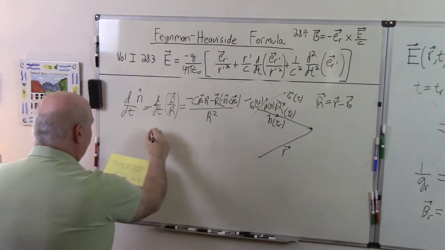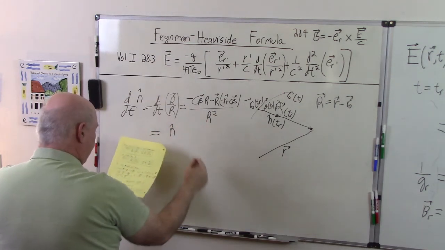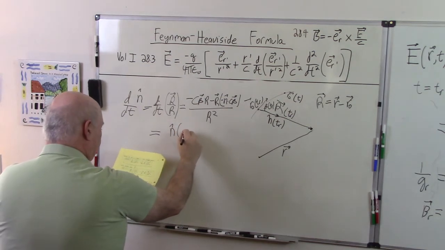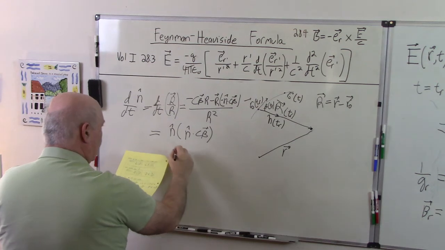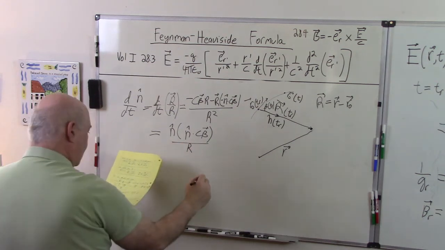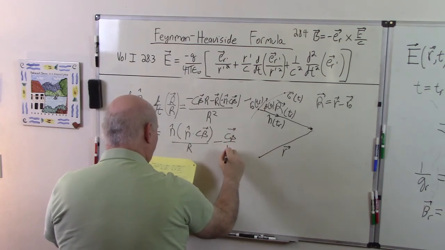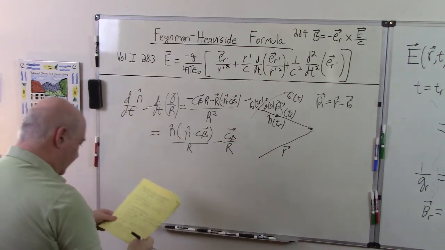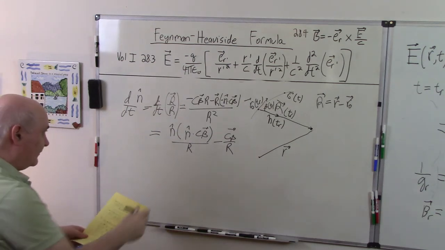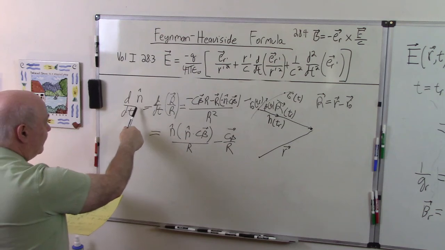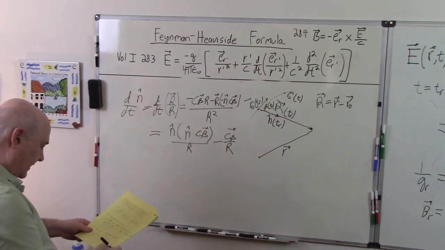Reversing the order of the terms, this ends up being n hat dot c beta divided by R, minus c beta over R. We'll be using this, and it applies at the current time, or we could put in a retarded time. Either way it would apply.